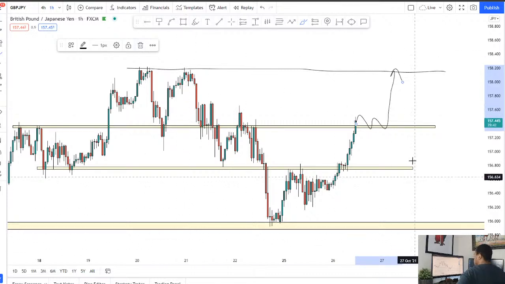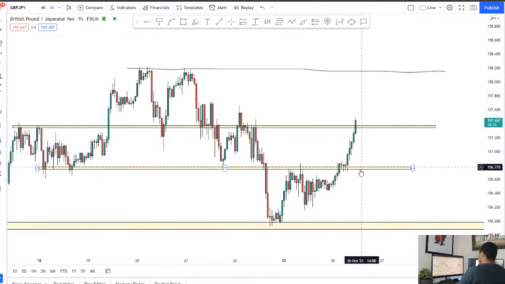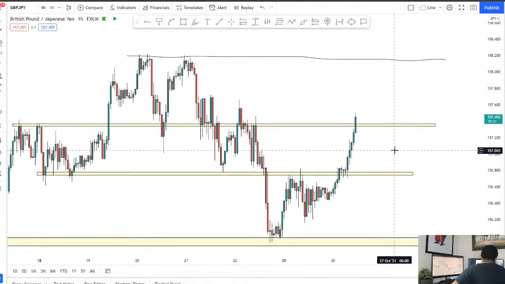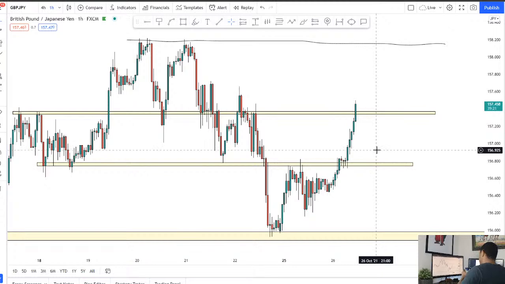We just need to see a break of this level first. We're breaking, but we haven't broken, the candle hasn't closed yet. With momentum and how things are looking, we will probably break through. On the break and retest opportunity, if we can get that, and I'm not sure Pound USD will give us that, but hopefully Pound JPY will, then longs to 158.